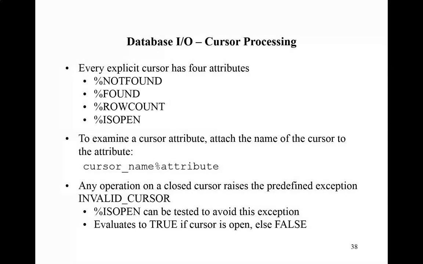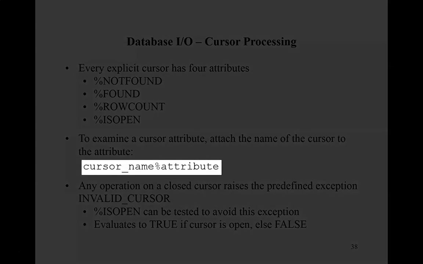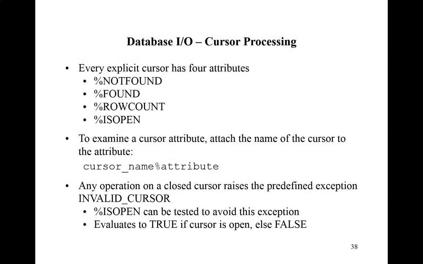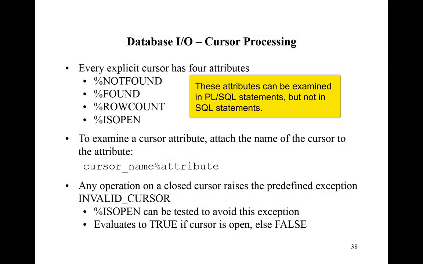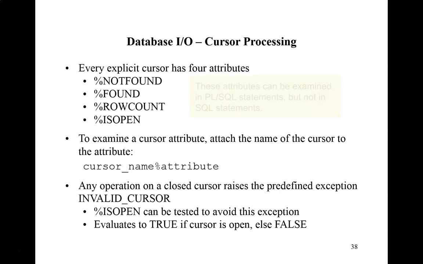To examine a cursor attribute, we use the name that was given to the cursor in the cursor declaration and follow that with the attribute name. Now note that explicit cursor attributes can be used in procedural statements, that would be PL/SQL statements, to control processing flow, but cannot be used in SQL statements.